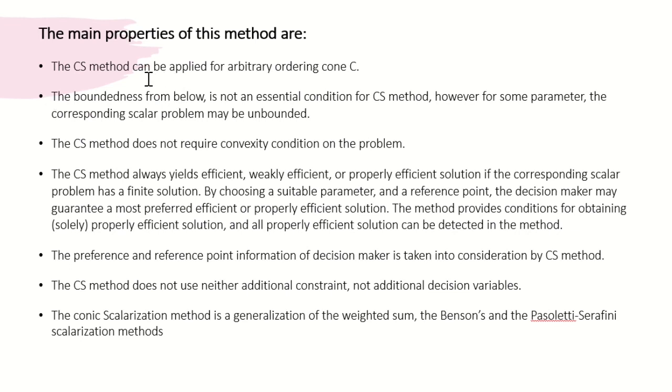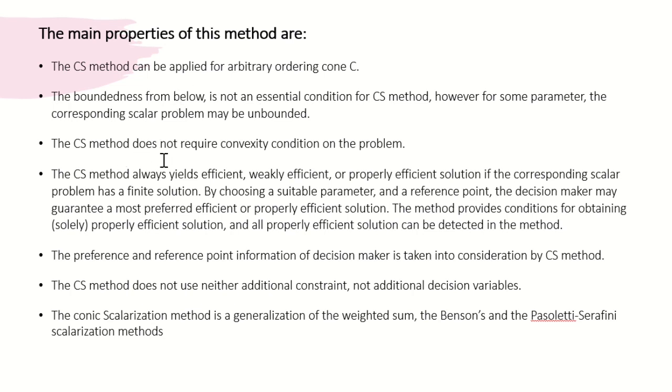This method also can be applied to an arbitrary ordering cone, and boundedness from below is not an essential condition. However, for some parameters, the corresponding scalar problem may be unbounded, so we should be careful about boundedness.